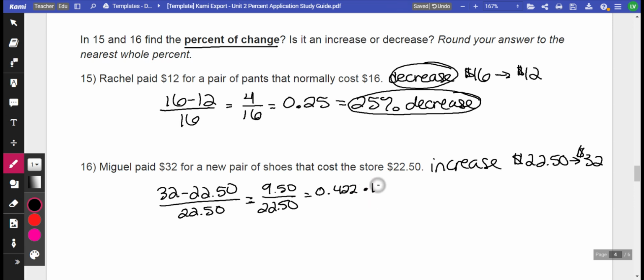So I'm going to multiply this by 100, and that gives me 42.2%, which it wants to the nearest whole percent. So this is a 42% increase.